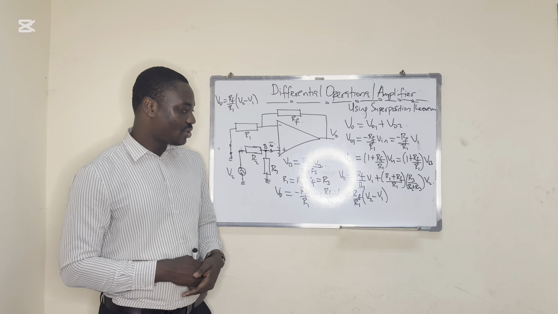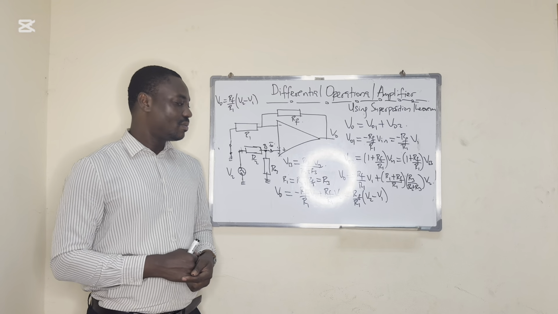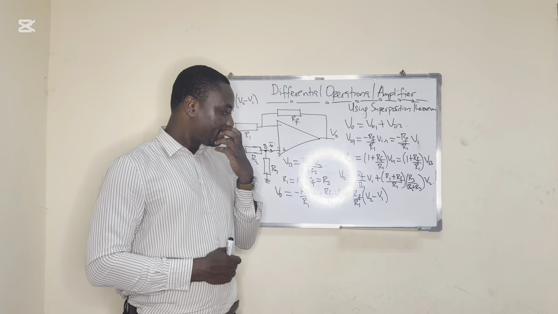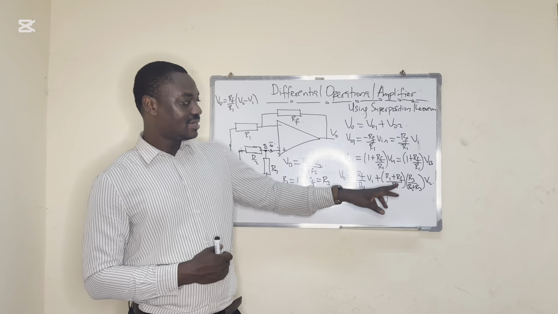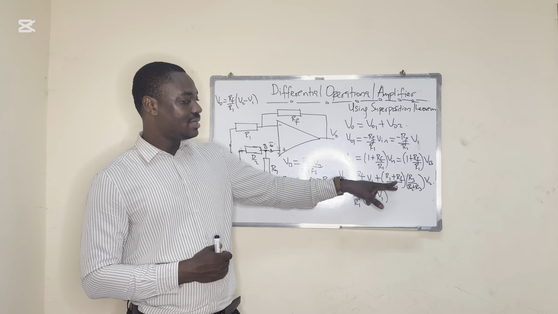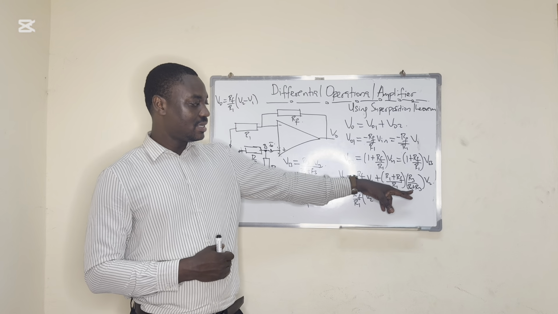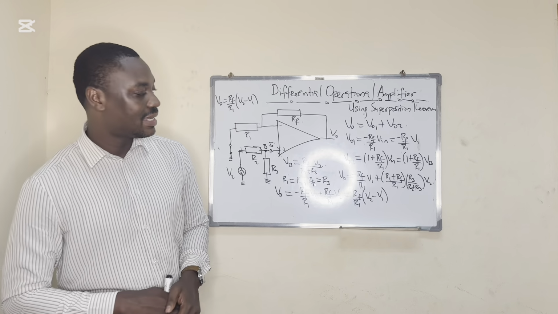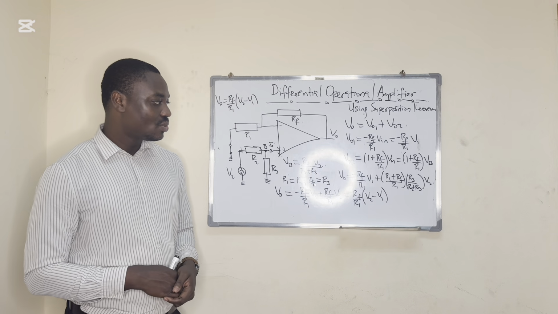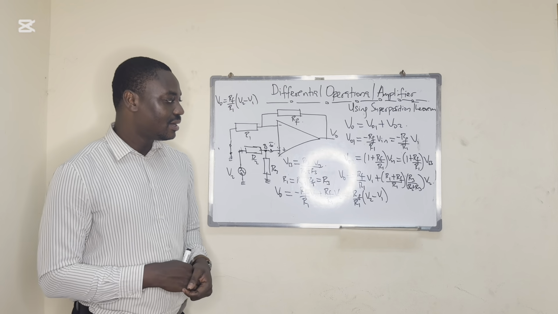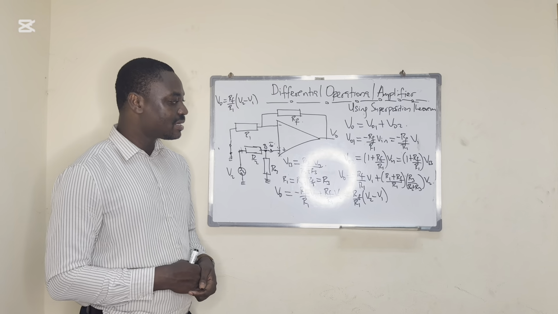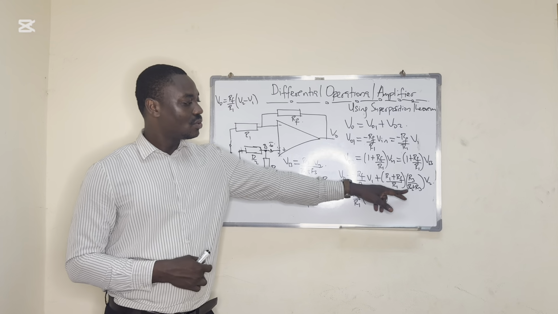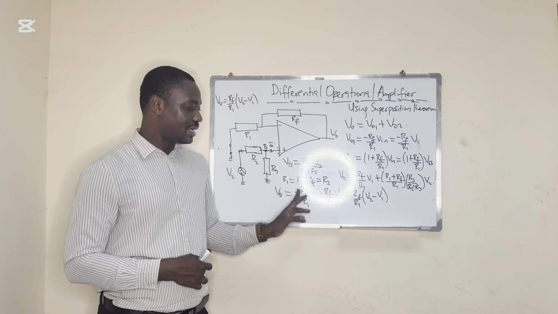From there, we can simplify this formula. In order to really simplify this, we can make sure that R1 plus RF is just the same as R2 plus R3, so that the numerator and denominator cancel. To achieve that similarity, I have to make sure that R1 is equal to R2 and RF is equal to R3, as we can see here.